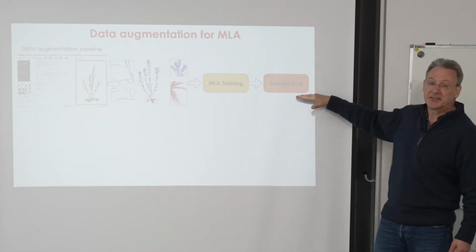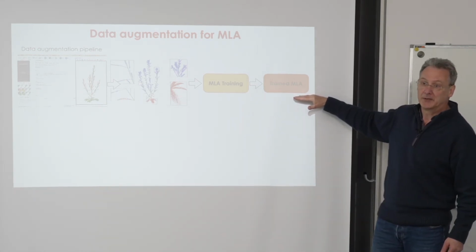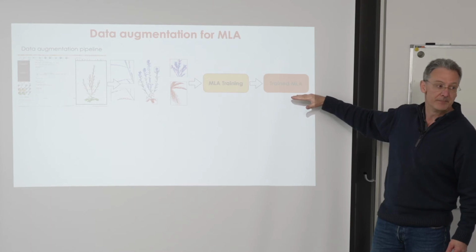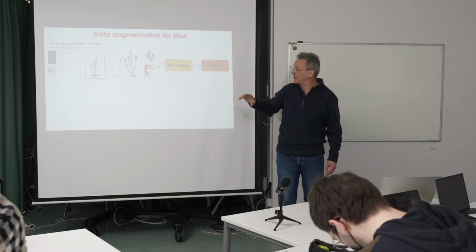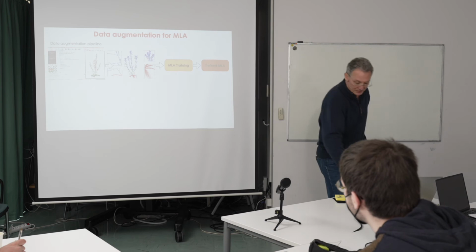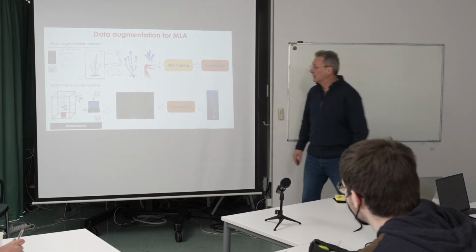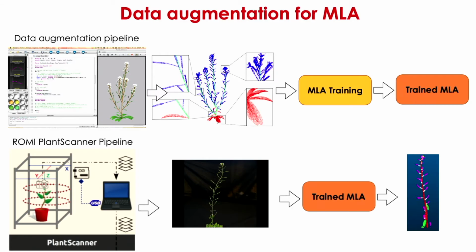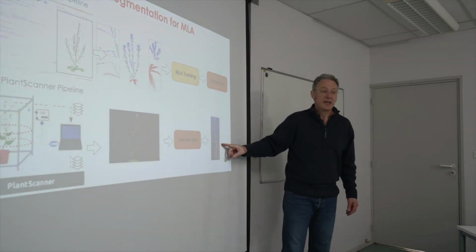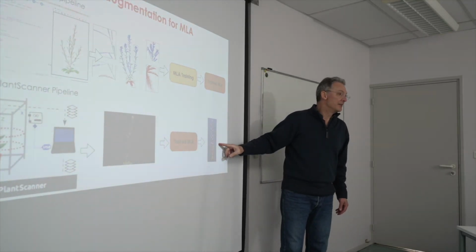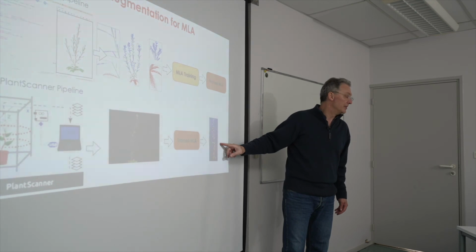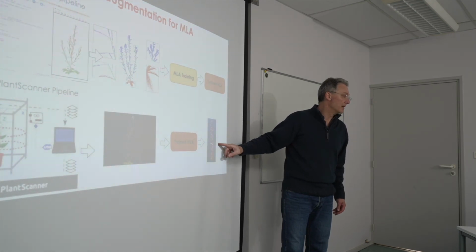And then we would get as an output the trained machine learning system. And then once we have this, it is possible to get back to the original pipeline and use here this trained machine learning system in order to recognize, identify, segment the different organs on the plant.